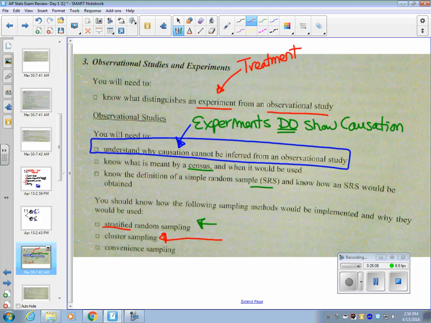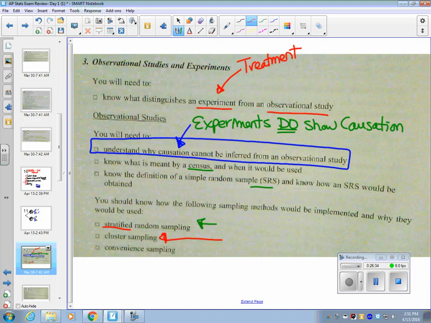What's a cluster sample? Let's think of a different word when I say that. So I don't pick a group of people. So it's not like stratified where I'm just going to pick only the sophomores and ask all the sophomores. The cluster should be representative of all the groups, okay? So I am going to pick one thing, but in that one thing, all the groups would be represented.